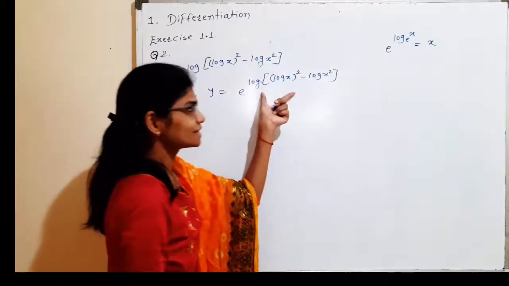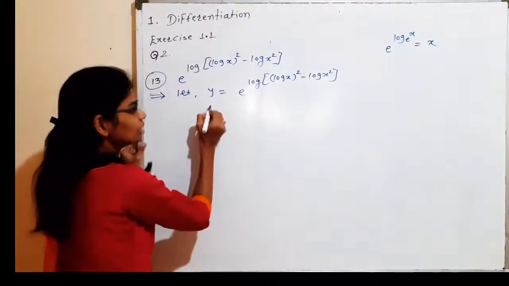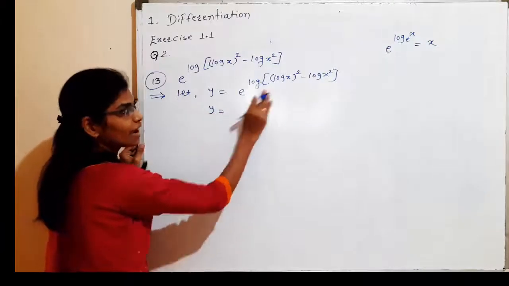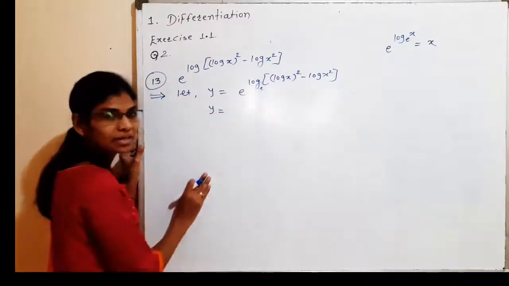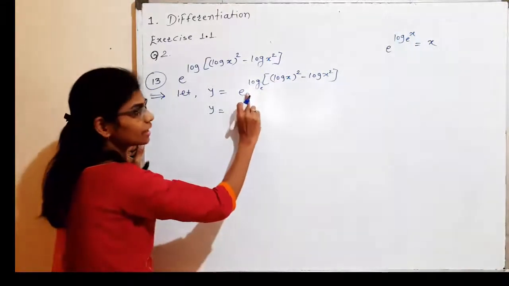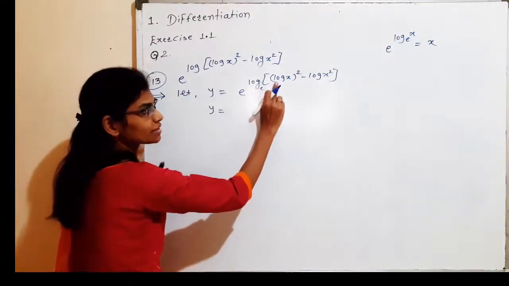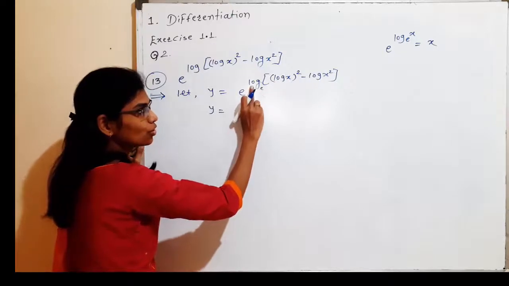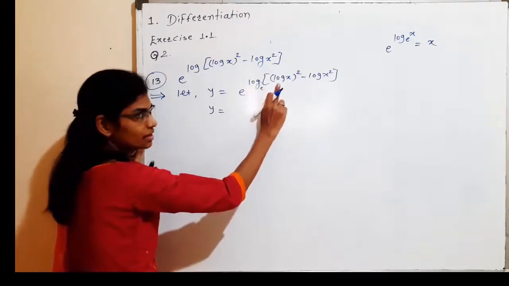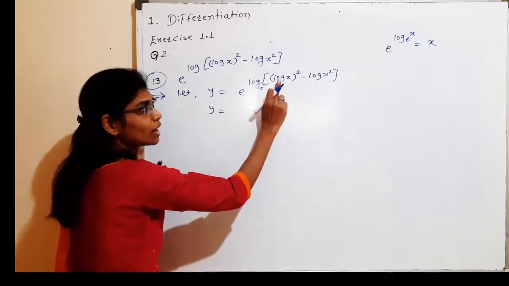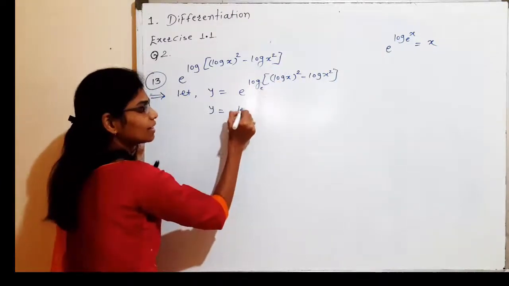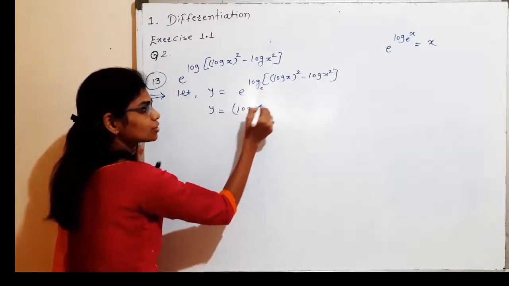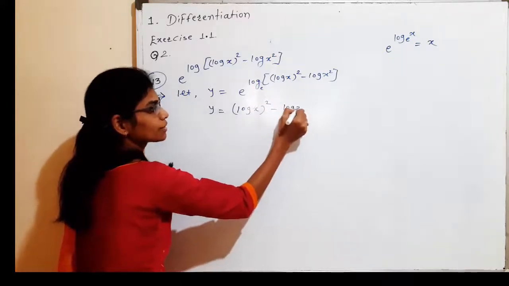So, in this example also, the value of y we can write as the bracket term, that is (log x)^2 minus log x^2.